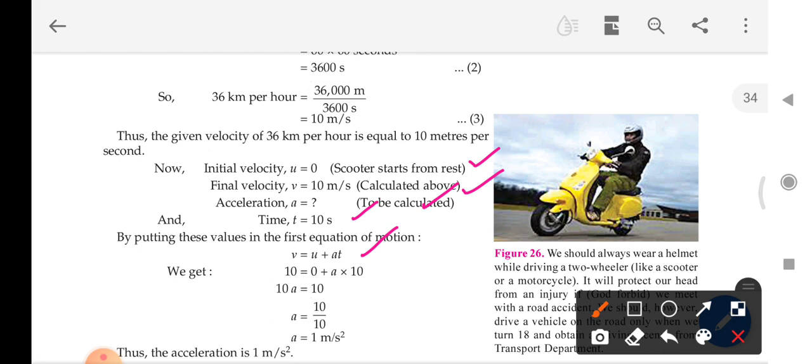The value of v is 10 and the value of u is 0 and a you have to calculate, into 10. So a into 10 equal to 10a equal to 10. So a equal to 10 by 10, a equal to 1 meter per second squared. So the acceleration is 1 meter per second squared.